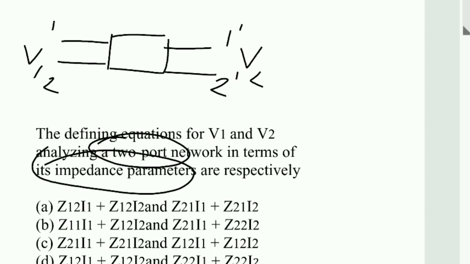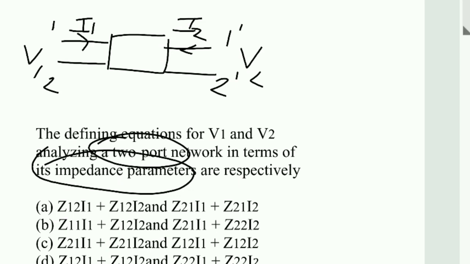This terminal pair 1, 2 is the input terminal, and 1 dash, 2 dash is the output terminal, with currents I1 and I2. So V1 is the input voltage and I1 the input current, and the output voltage is V2 and I2 is the output current, right?